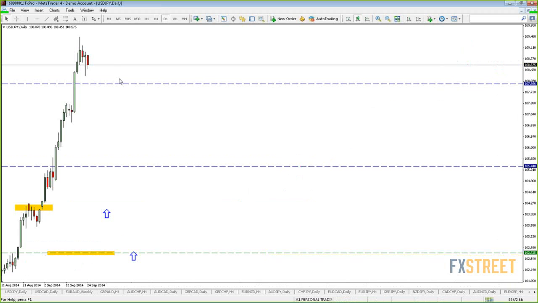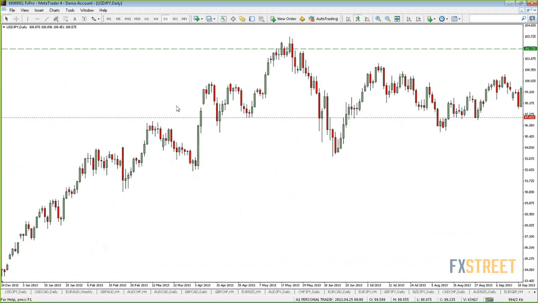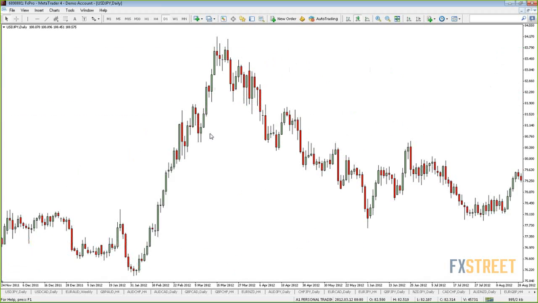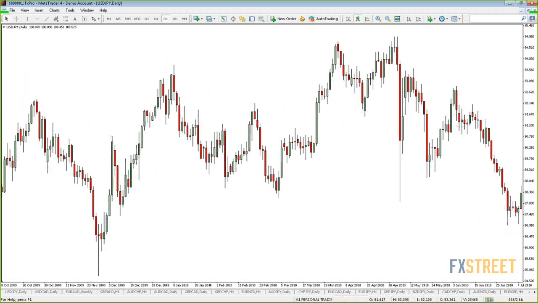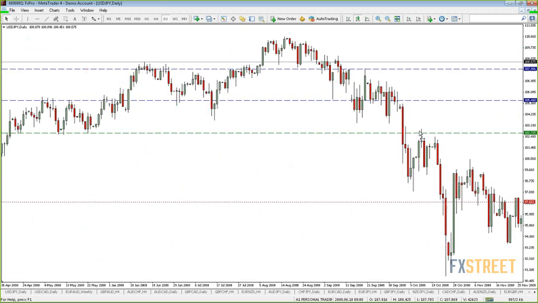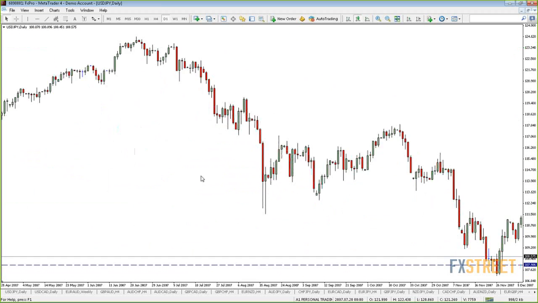I was trading it on the daily, and it was way, was it 2006 maybe? I don't know. Let me see if I can find it. If I find it on the chart, I'll know.